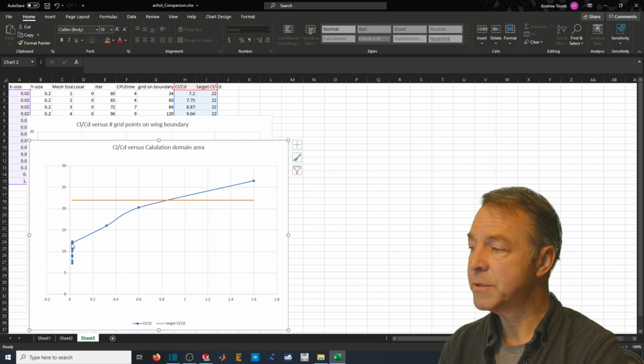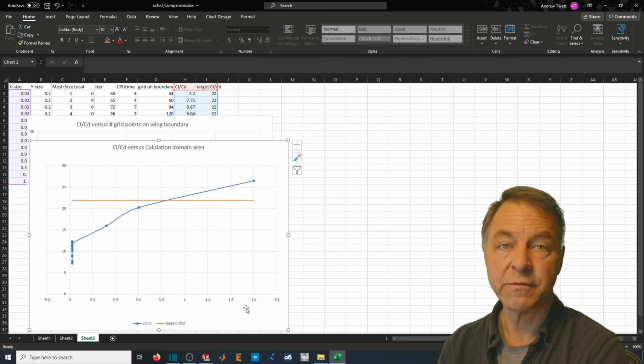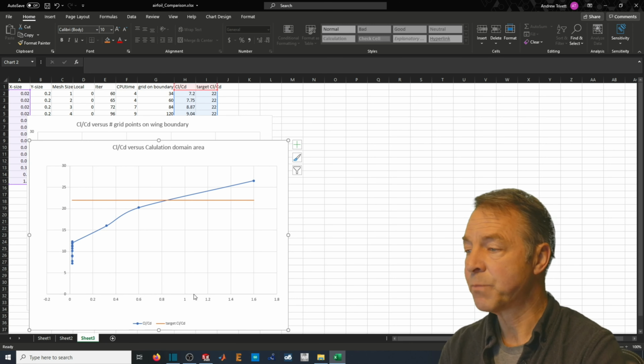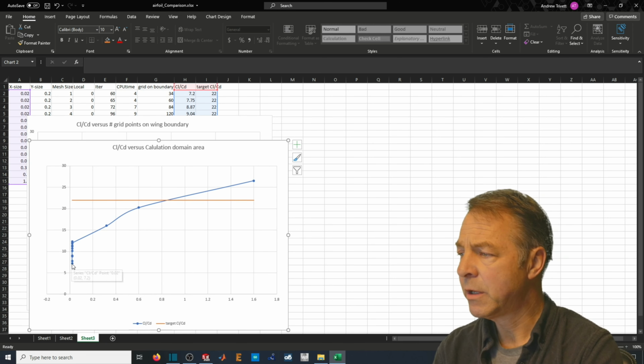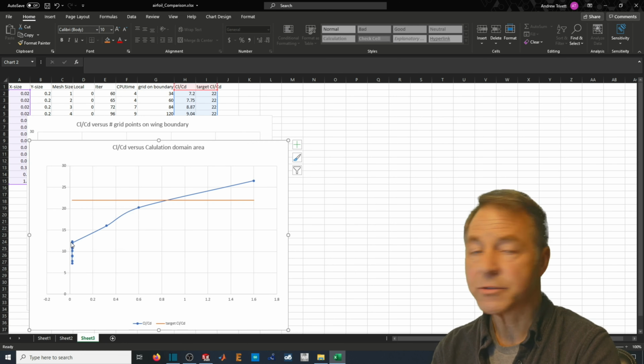These points here are the points you've seen already, where I started out at a very coarse grid and made finer and finer grids. On this axis, I didn't change the horizontal axis for those, which was the volume or the area that I was using for my calculation volume. But by making the grid points finer and finer, I moved closer to our target, which was 22. That certainly helped, but it didn't get us all the way.